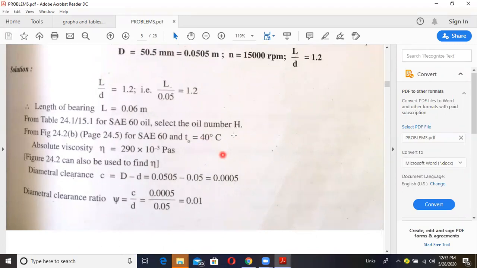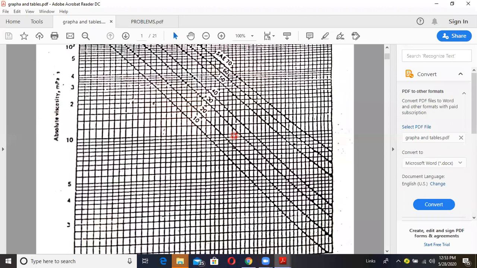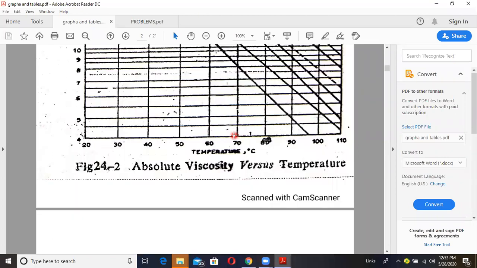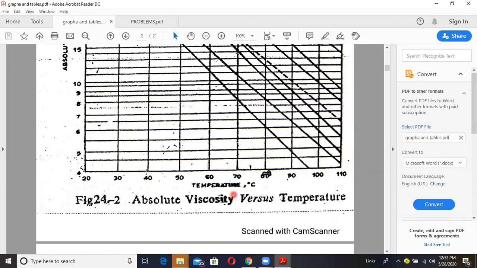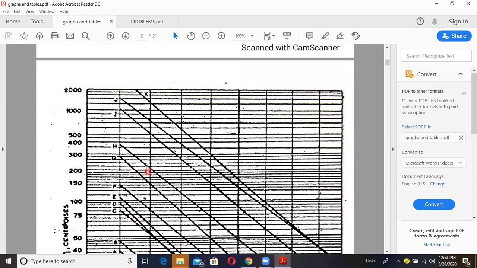Now, from the figure, at 40 degrees and the curve H, move upward until it touches H. Where is H? Here it is H. Now it is touching H here, right? Once it touches H here, then come towards the left side, and we will get the absolute viscosity.